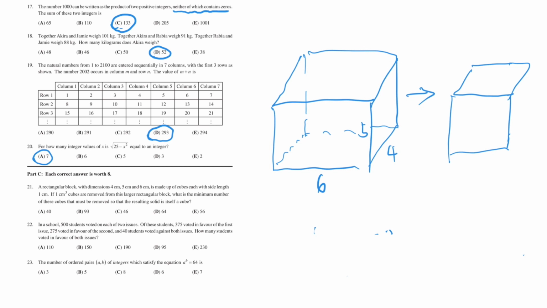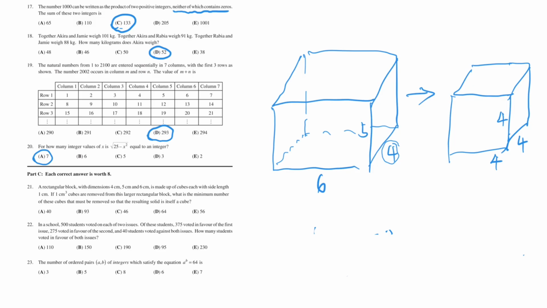The new shape is a cube, so all the side lengths must be equal. Among 4, 5, 6, the smallest number is 4. So we keep the measurement 4, 4, 4. Now we get the cube, 4 by 4 by 4.